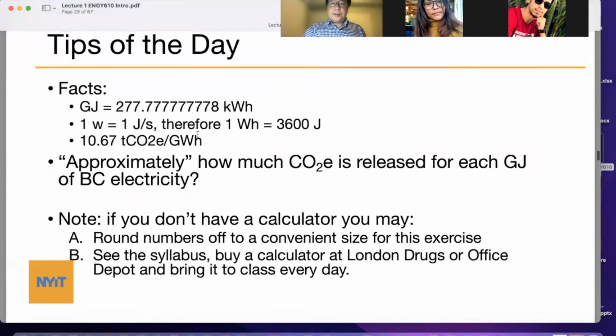And this is very important, as Mr. Demopoulos also created a slide. Try to remember and understand that 1 gigajoule is equal to 277.78 kilowatt hours. Or, you may find it easier to remember that 1 watt hour is equal to 3,600 joules.